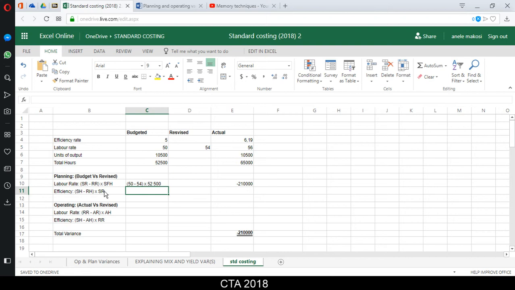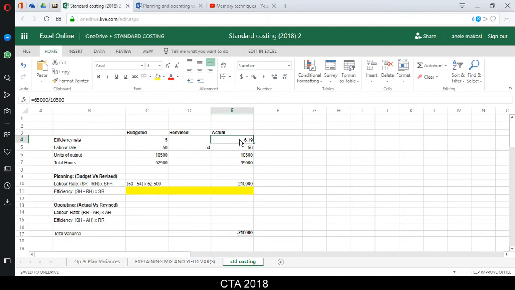Now coming to the efficiency under planning, remember we said we have this standard efficiency here of 5. The labor was supposed to spend 5 hours per unit, and this was not revised. That means under planning we will not have a variance here, because this 5 hours per unit was not revised.